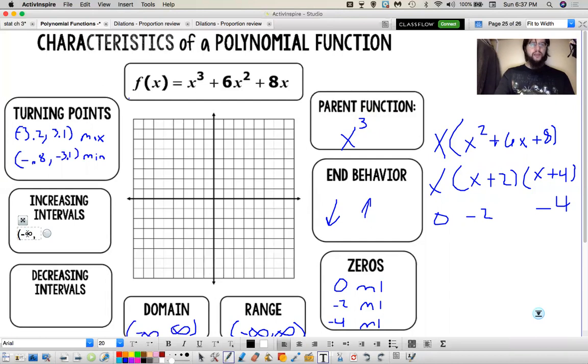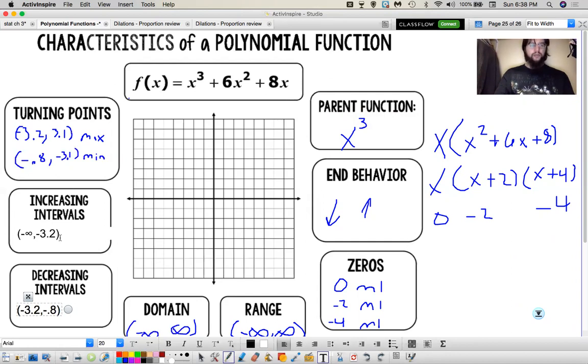So from -infinity to -3.2, I'm increasing. Is that my only one? Probably not. I don't know yet. But I do know from -3.2 until my next turning point, I'm going down. So -3.2 to -0.8.